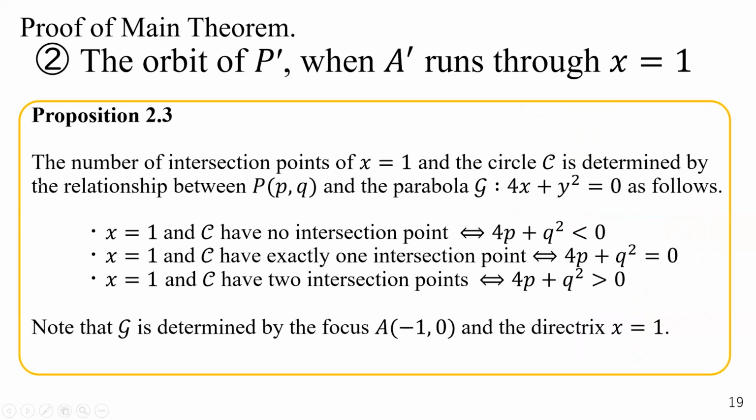Proposition 2.3. The number of intersection points of x equals 1 and the circle C is determined by the relationship between point P and the parabola G as follows. Note that G is determined by the focus point A, minus 1, 0, and the directrix x equals 1.